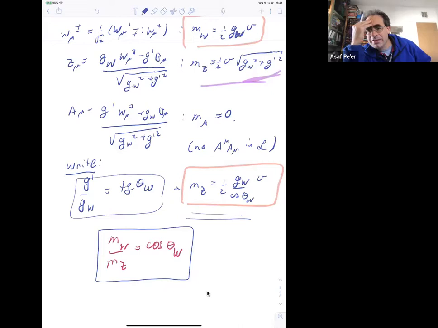So I can measure what theta weak is. And the amazing thing is that this tells me what the ratio of MW to MZ should be. It does not tell me what the masses of W and Z are, because I don't know what G weak is and I don't know what V is. I still have to measure them. But once I measure one, if the theory is correct, I know what the value of the other one should be.